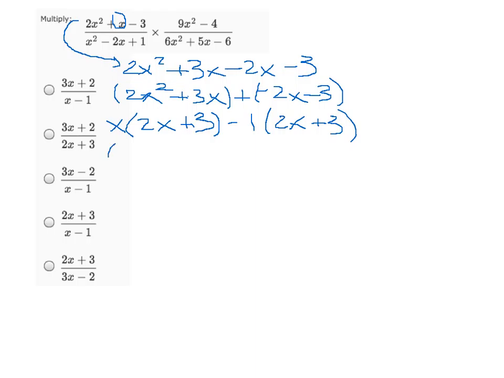So to finalize, we will have the quantity of x minus 1 times the quantity 2x plus 3. And this is our numerator for the first fraction.